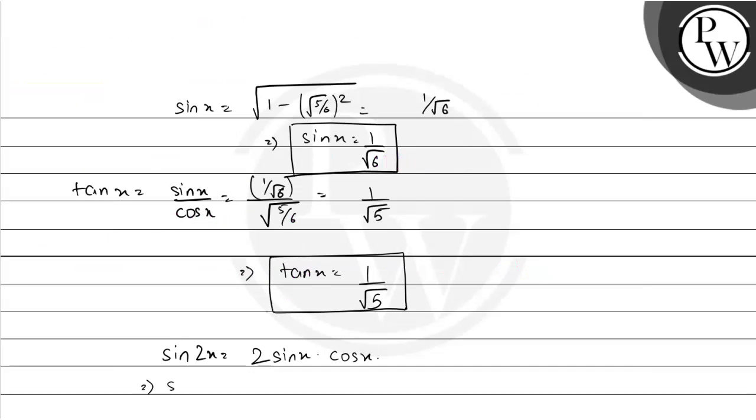Hence, sine of 2x will become 2 times sine of x, which was 1 upon under root 6, and cos of x, which was under root of 5 upon under root of 6, leaving us with sine of 2x coming out to be 2 times under root of 5 upon 6, which is 2 under root 5 upon 6. Hence, our final value of sine 2x is 2 under root 5 upon 6.